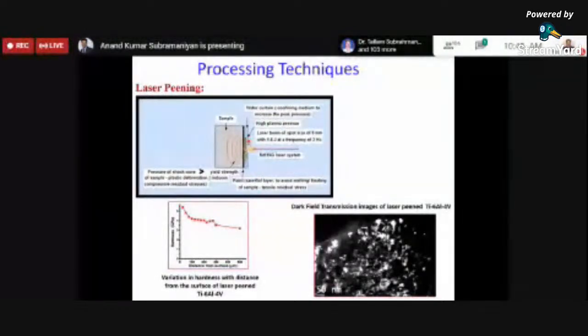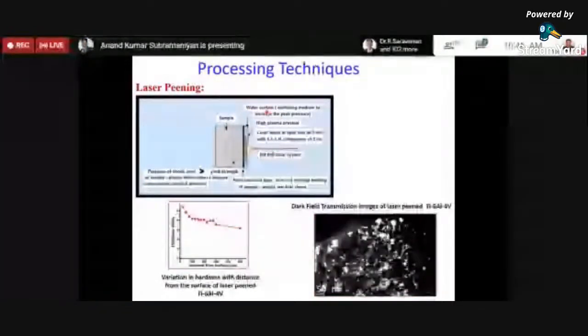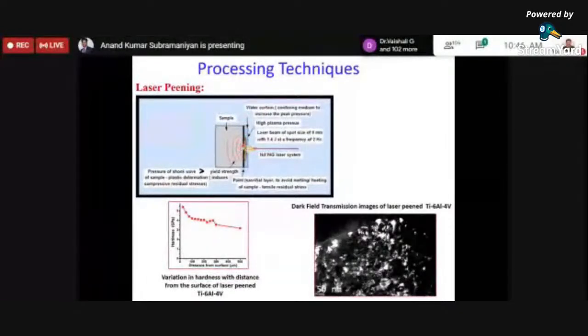So in order to avoid that, we will try to confine or arrest this movement of the plasma pressure away from the sample. We will try to confine it by using a water medium or the water curtain. Therefore the plasma pressure now only propagates towards the sample, because we have confined the other direction.